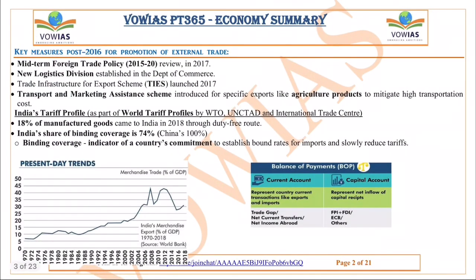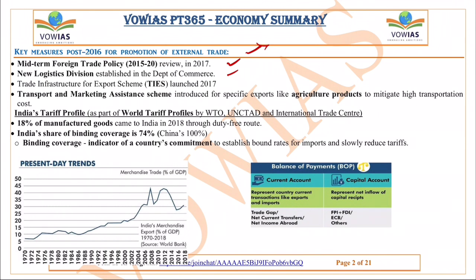Now let's move on to the next topic. So the next topic given is about the key measures India has taken to improve its external trade. So here it is given that the midterm foreign trade policy of 2015-20 was reviewed in 2017. The new logistics division was created in the Department of Commerce to make sure that things related to logistics become easy and move faster.